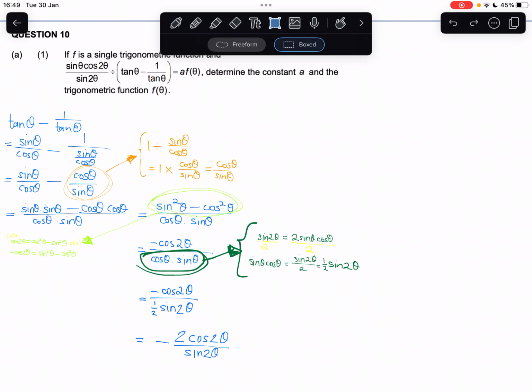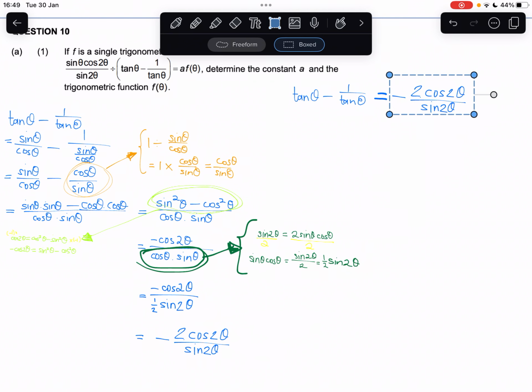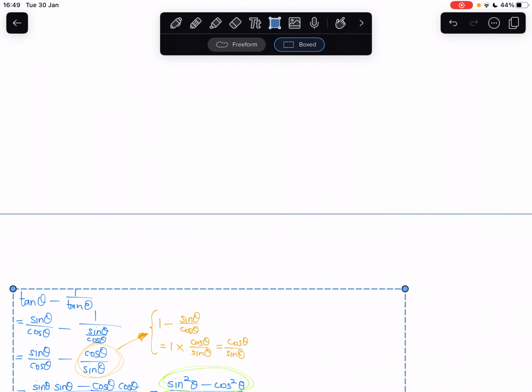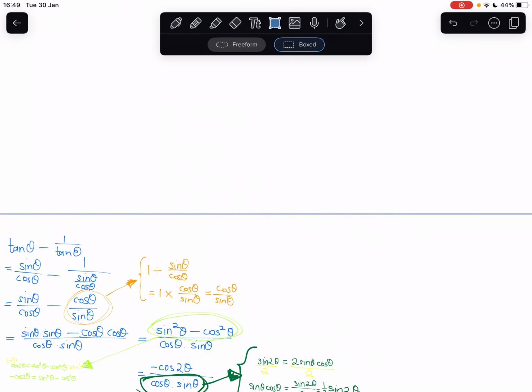I would like to duplicate and put that. Oh, that is a very weird looking theta now that I have had time to look at it closely. Okay, so we said that these are the same, which is just fantastic. I'm going to move this down to a new page.